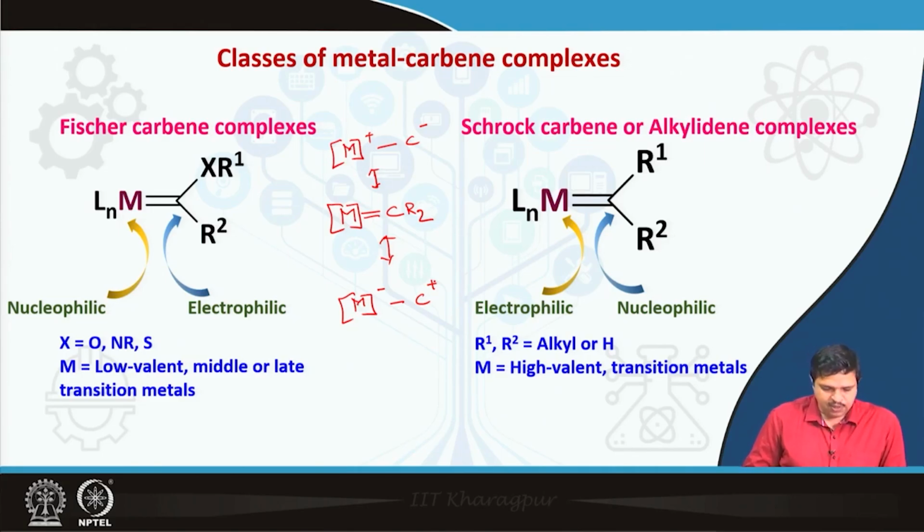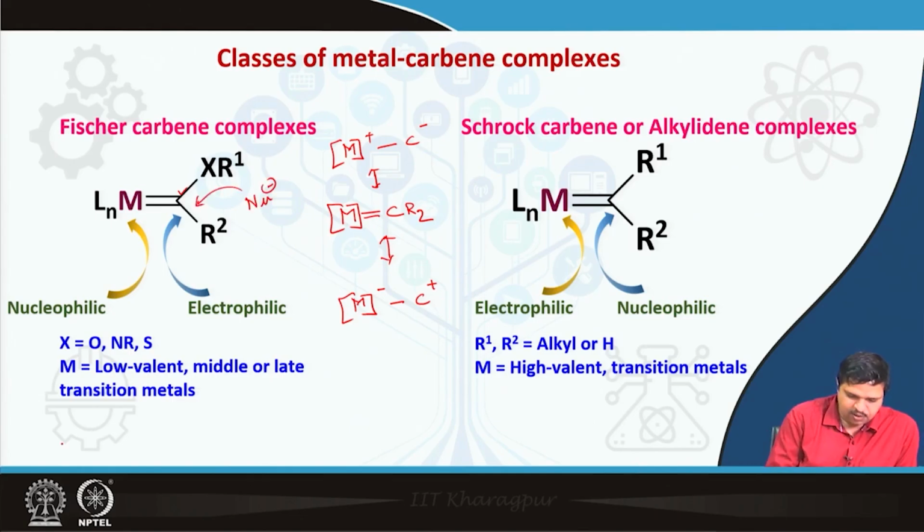If, let's say, on the left hand side the metal is nucleophilic, that means it is electron rich, then obviously the carbene carbon center will be electrophilic. That means a nucleophile can react at the carbon and an electrophile at the metal center.